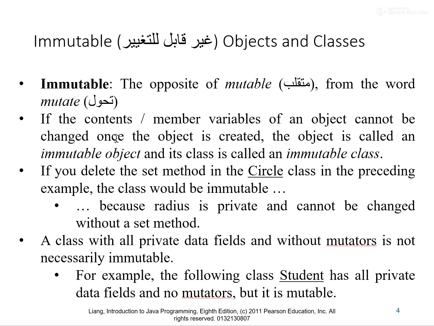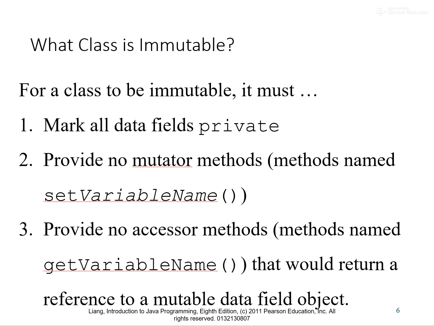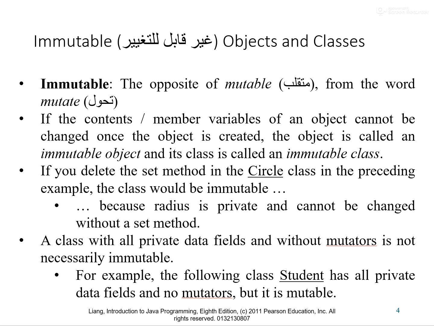So immutable objects and classes are ones in which member variables take on certain values at the time the object is created, and those values cannot be changed for the remainder of the existence of those objects.